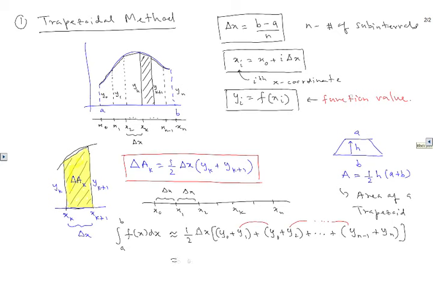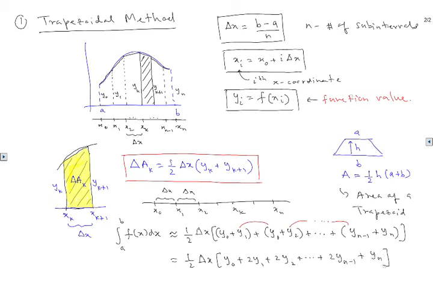So this is equal to 1/2 delta x times y0 plus, you can see these are all twice, so 2 times y1, 2 times y2, keep doing it, and 2 times yn minus 1, plus yn.